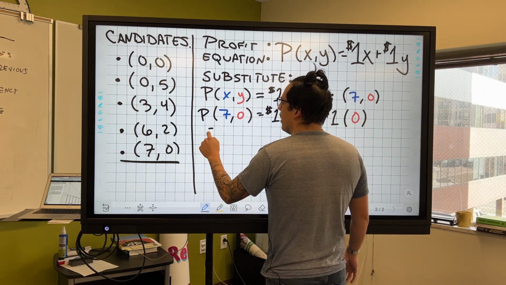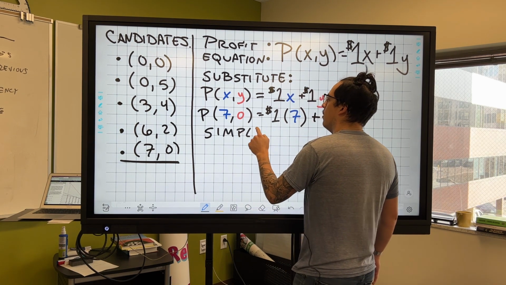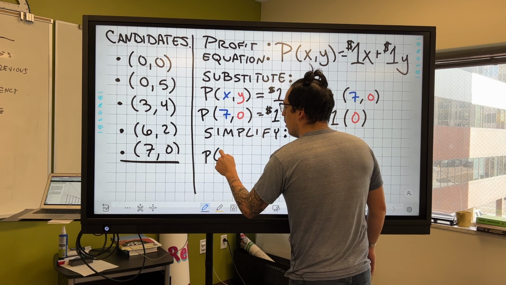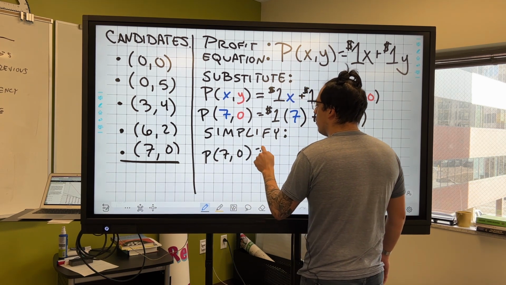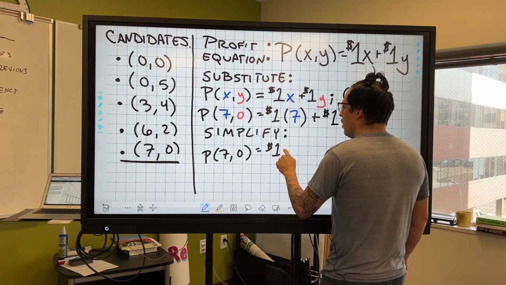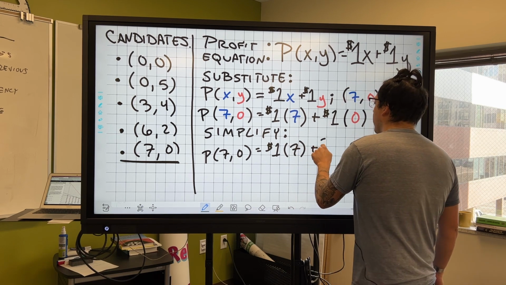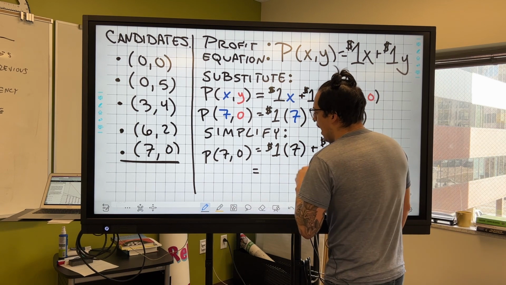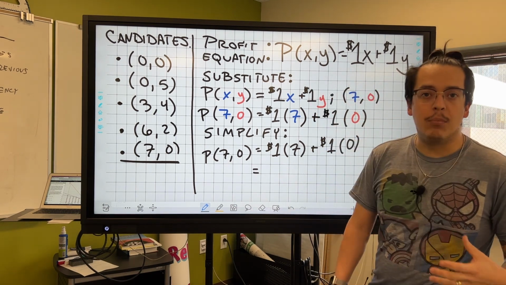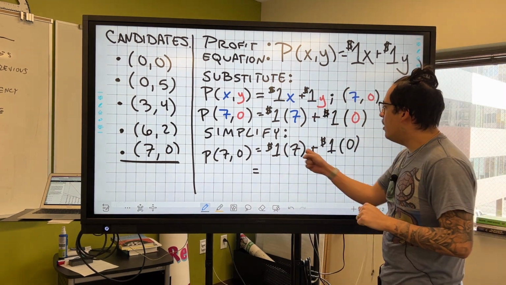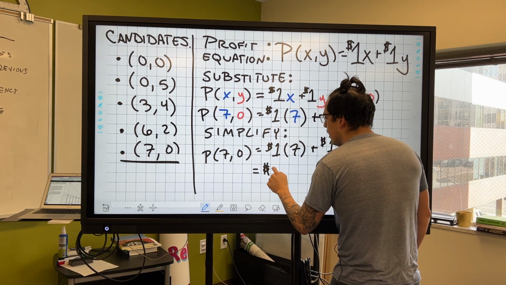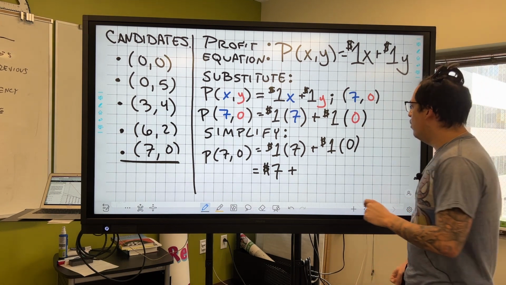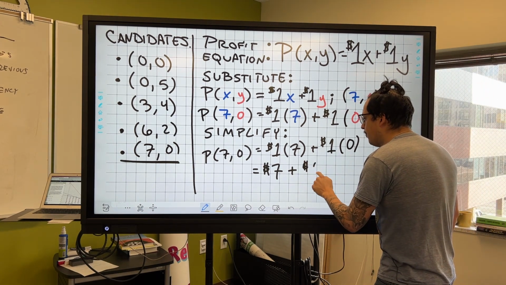So now we begin to simplify. P of 7, 0 equals $1 times 7 plus $1 times 0. And we're picking up our PEMDAS at multiplication. So $1 times 7 is $7, and $1 times 0 is $0.